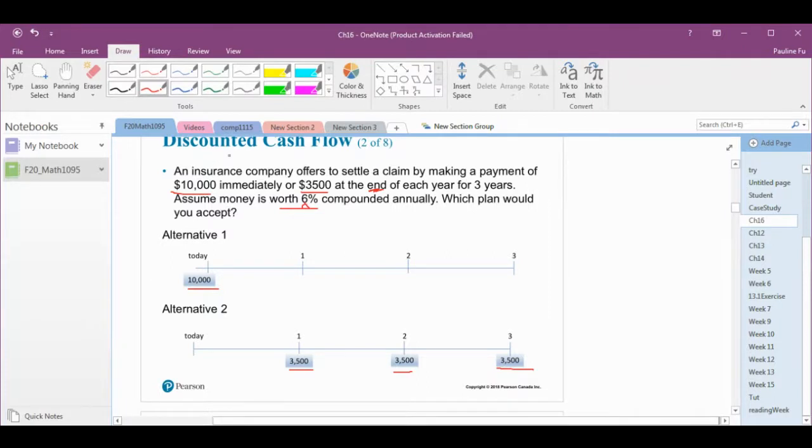We use discounted cash flow. Discounted cash flow means we need to calculate the present value of this annuity. This is a simple annuity. 3,500 forms an annuity. This 3,500 is PMT.